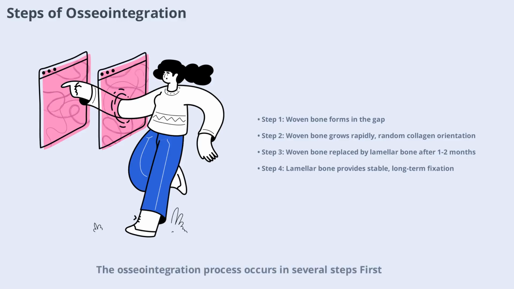The osseointegration process occurs in several steps. First, woven bone forms in the gap between the implant and the bone. This bone grows rapidly, up to 100 micrometers per day, and has a random orientation of collagen fibers with high cellularity.